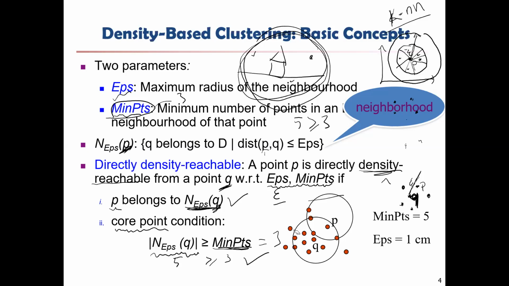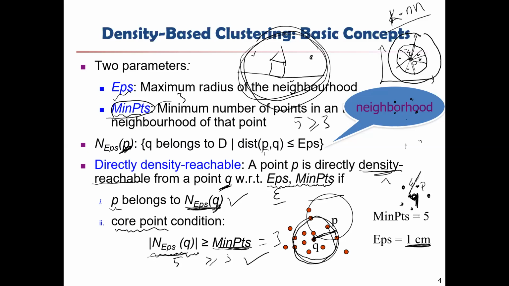Okay, in this example, we have Q here, and the neighborhood looks like it is 1 centimeter. And in this vicinity, I have a circle, which is the boundary, right? I just count how many points I have. 1, 2, 3, 4, 5, 6, 7, 8, 9. If you consider this, maybe you can also say 10, all right? So it looks like at least 9 points around you.